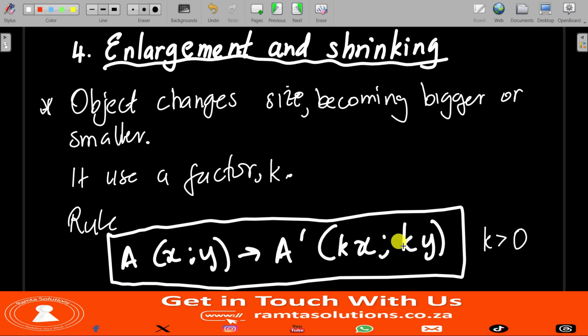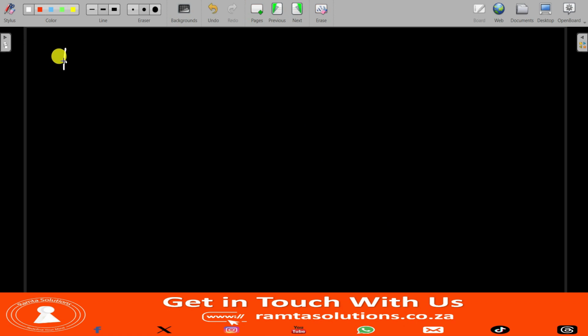Now, let's add more on this part. If K is greater than 1, we are talking enlargement, zoom.